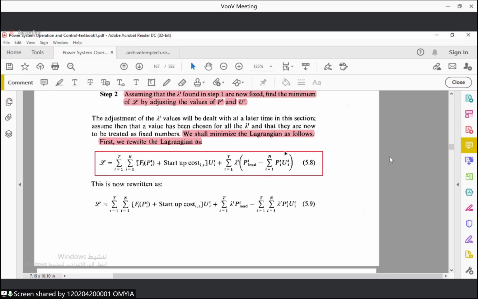As we can see, this is the load constraint that we need to ignore to solve this problem.